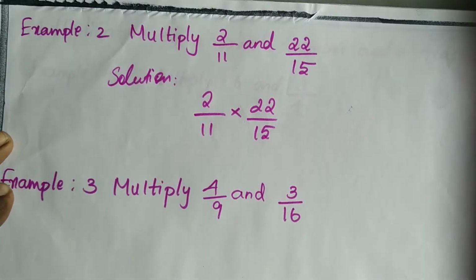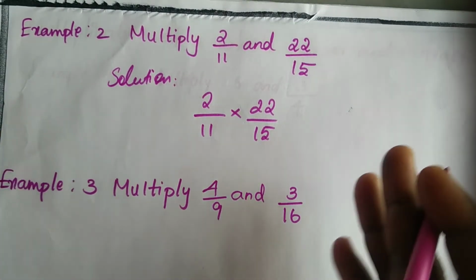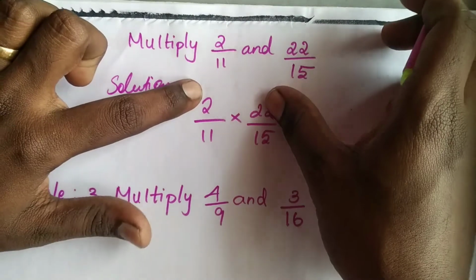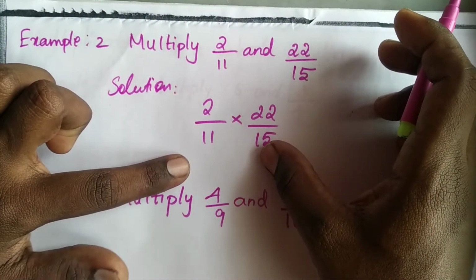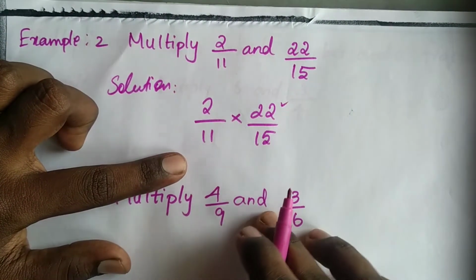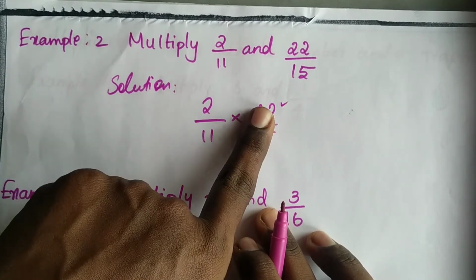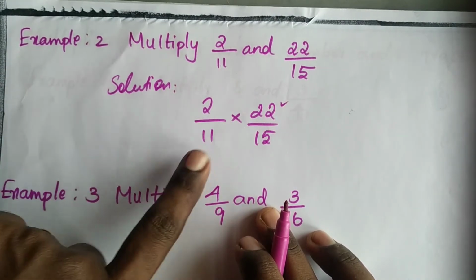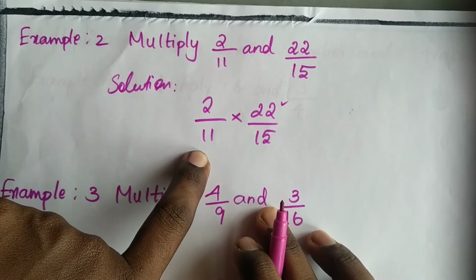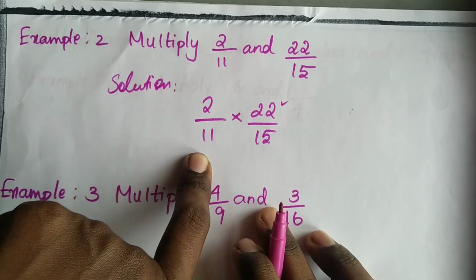Let me check the common factors. If there are any common factors between the numerators and denominators, let me check. 22 is there. Is it in any table? 22 and 11 are there. Which table, guys?